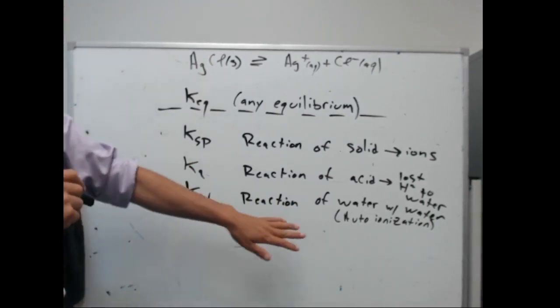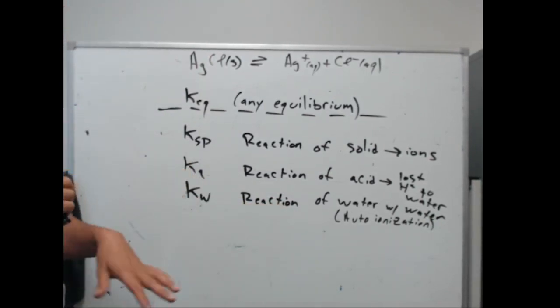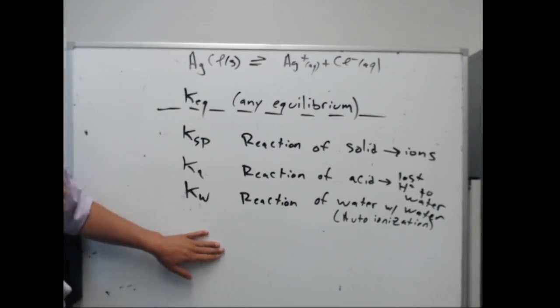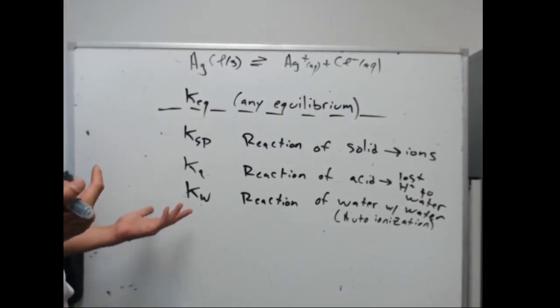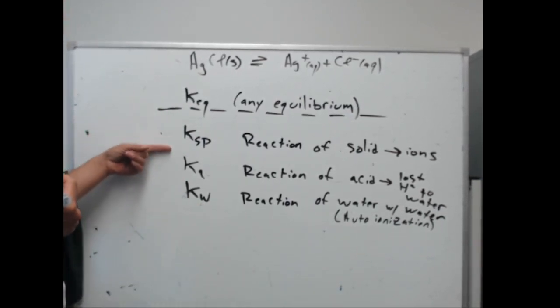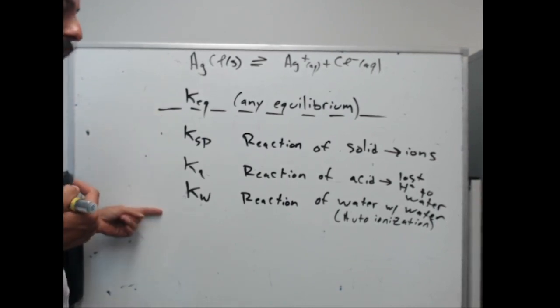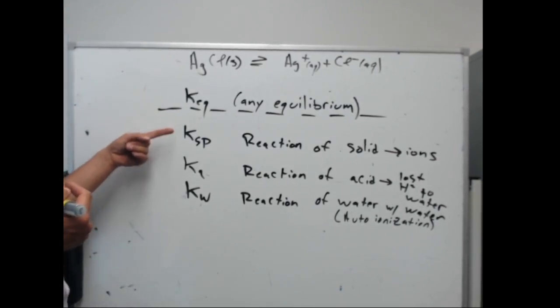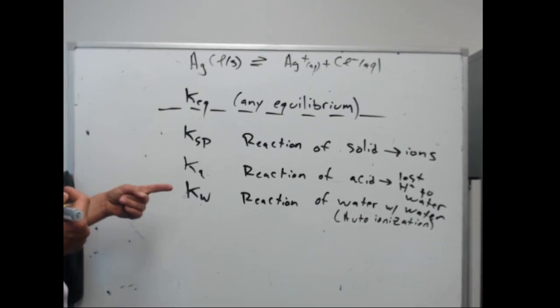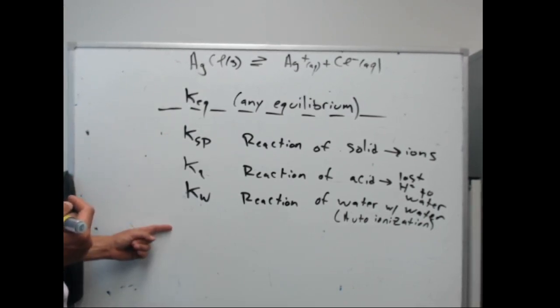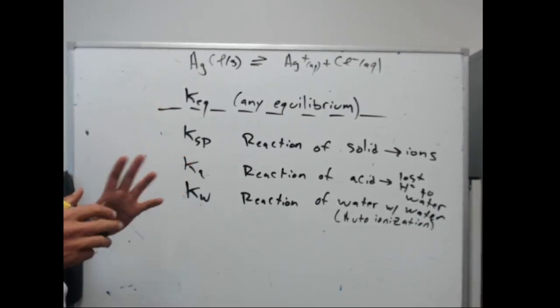And we're going to talk about what that means when we start talking about acid-base chemistry, because water mediating our acid-base chemistry is going to be really important. These are all KEQs. They're all equilibrium constants, but the subscript is trying to point us to a particular chemical reaction that we're talking about. So that way, it's trying to give us a hint.